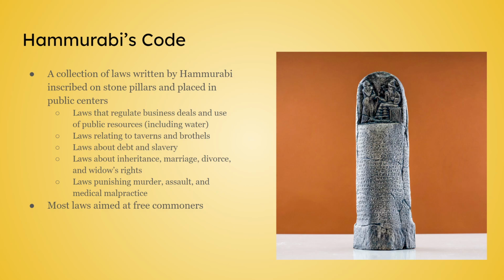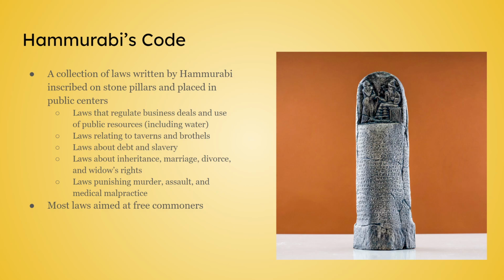So class was important, and this is not even just in this specific one. Like here in 218 it says, if a physician performs a major surgery with a bronze lancet upon an Awilu class person and thus causes the Awilu's death, or opens an Awilu's temple with a bronze lancet and thus blinds the Awilu's eye, they shall cut off his hand.